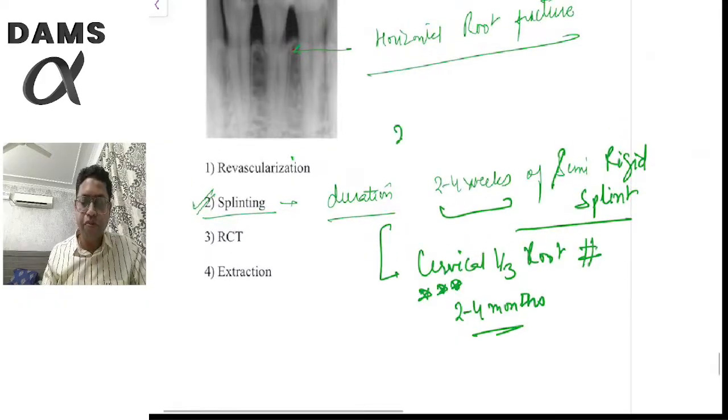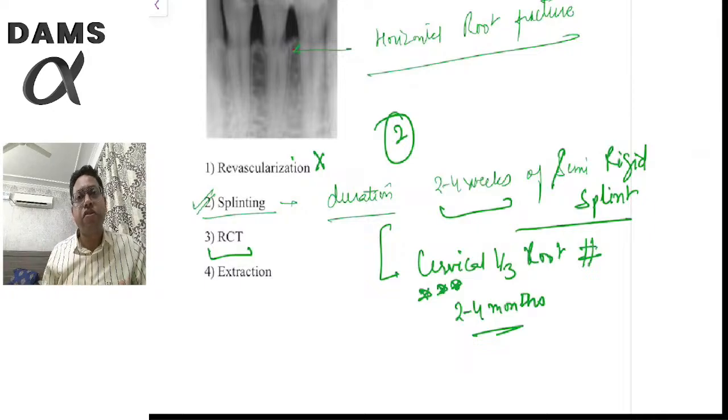So option 2 would be the answer, the first step. We would never attempt revascularization because it is not a case of open apex. Root canal can be done because pulp necrosis occurs in 25% of cases of horizontal root fracture, but root canal would be done at a later stage always, depending upon the pulpal diagnosis.